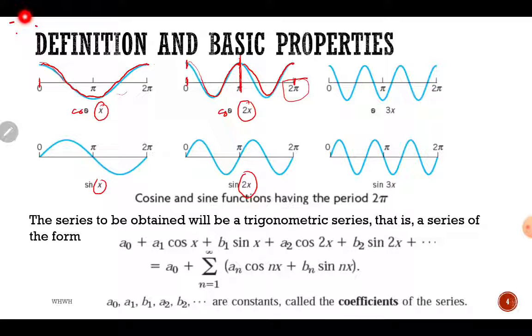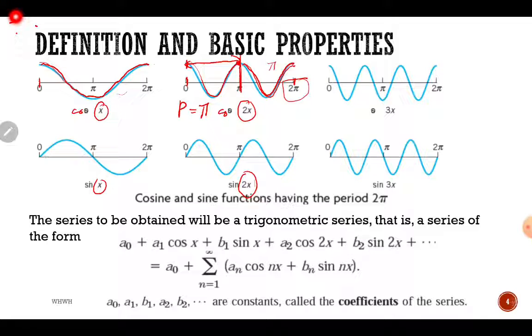So how long does it take for us to complete one cycle here? The period here is only equal to pi. After that, it will continue with the same cycle for another pi. So within 2 pi we have 2 cycles. The same goes for sin 2x.